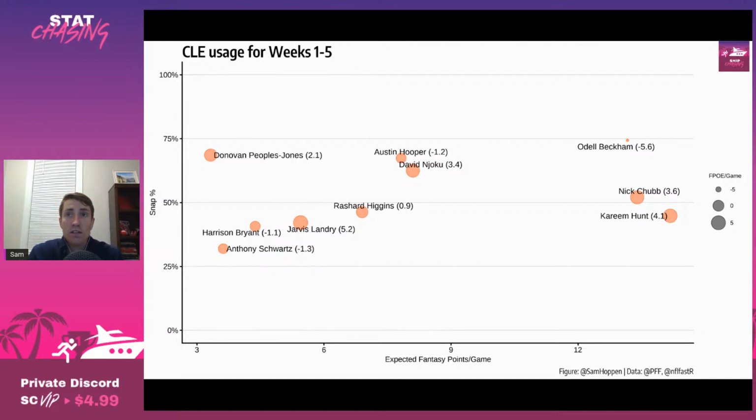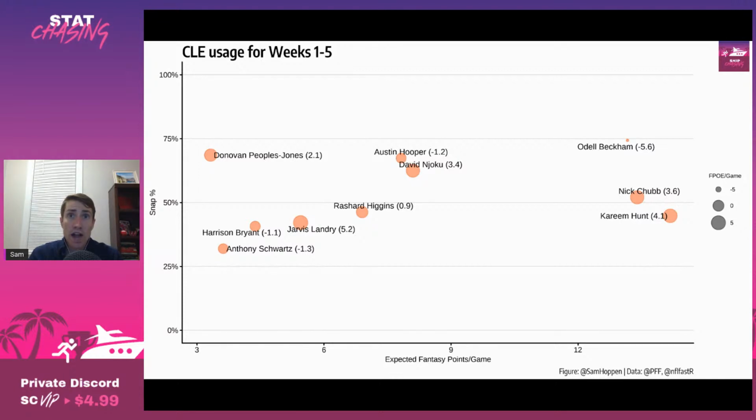While Kareem Hunt is there and is involved, he's been in on 45% of the snaps this season with only 1 game below 40%. Like I said, they're nearly identical in terms of usage. They're both averaging over 15 opportunities per game. Hunt has an advantage in high-value touches.